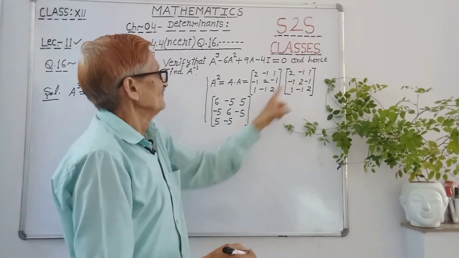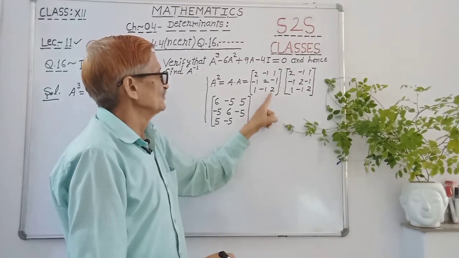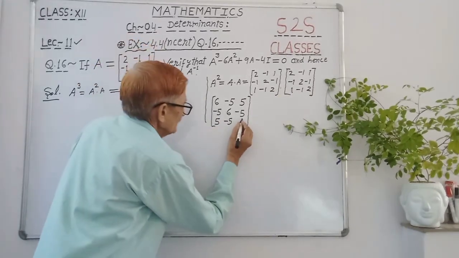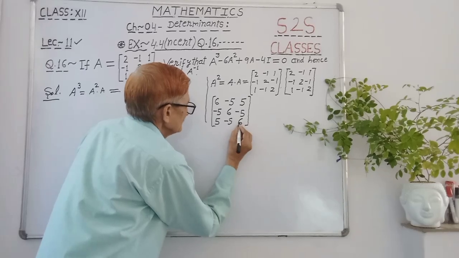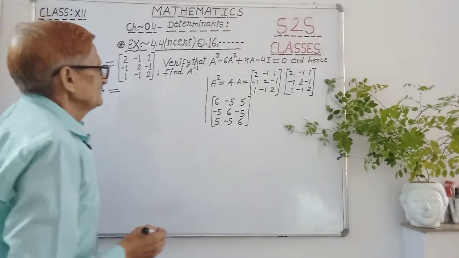After that with the third column, 1 into 1 is 1, minus 1 into minus 1 is 1, 1 plus 1 is 2, and 2 into 2 is 4, then 6. Okay, clear? Now this product is A square.